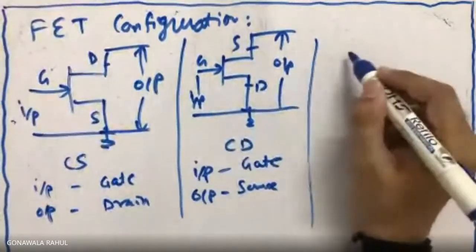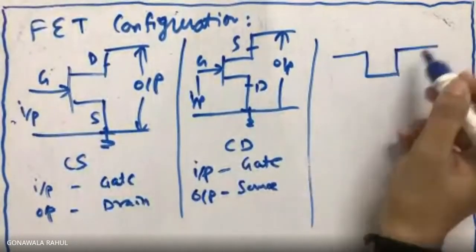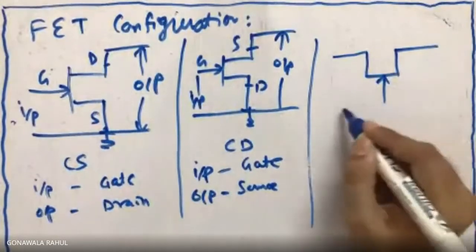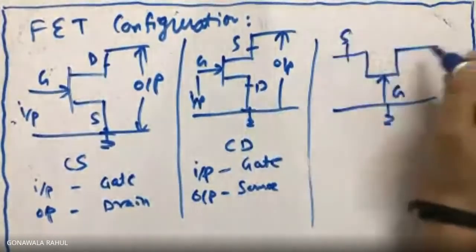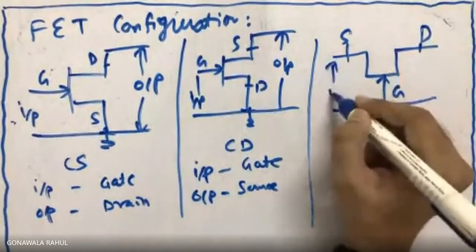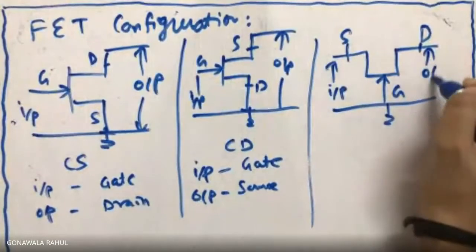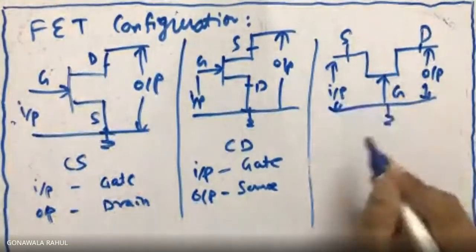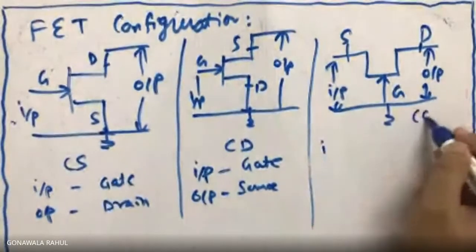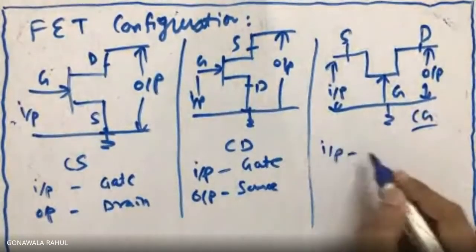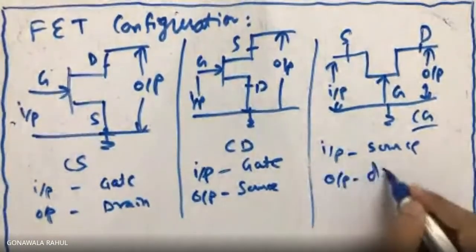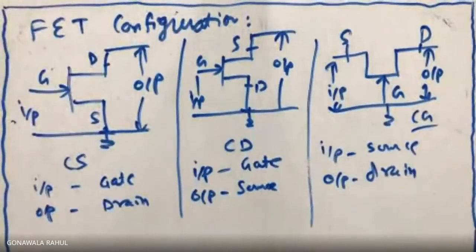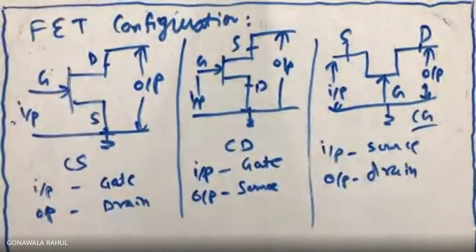For common gate, let's say I draw the circuit like this. This is gate, this is source, this is drain, this is input, and here we have output. So this is common gate: input at source and output at drain.